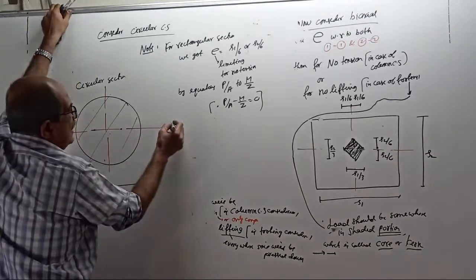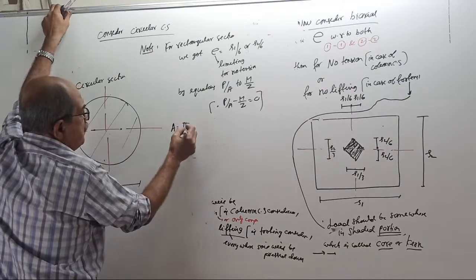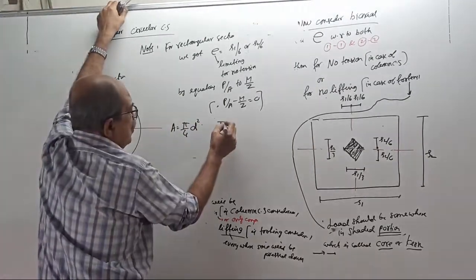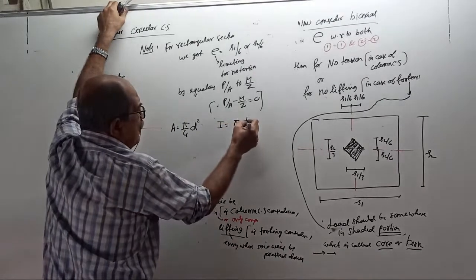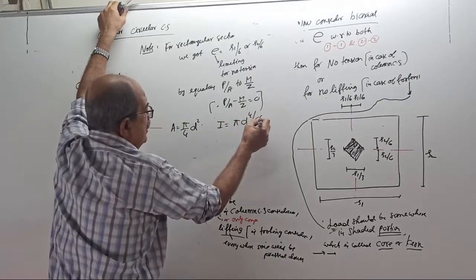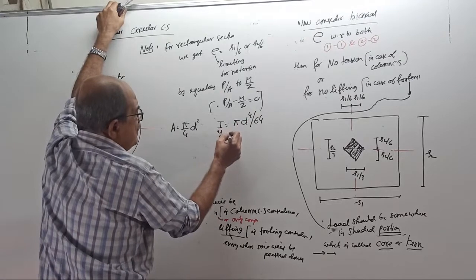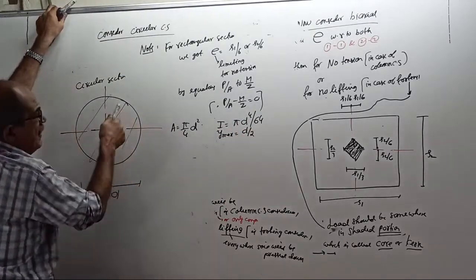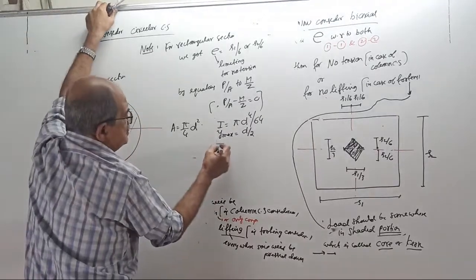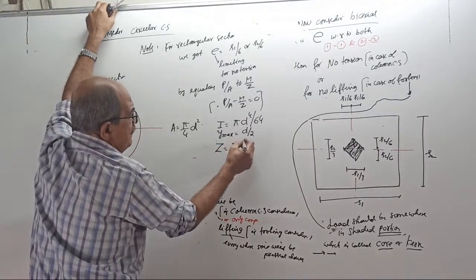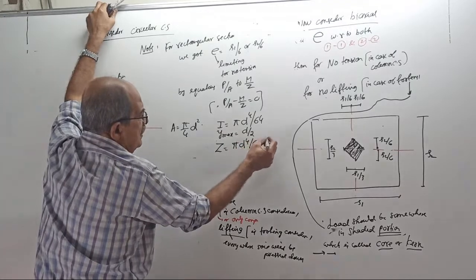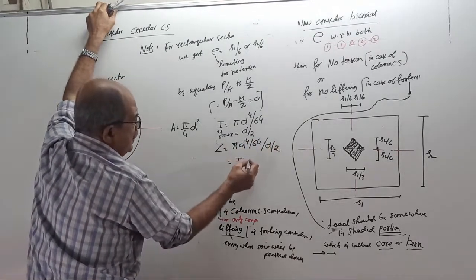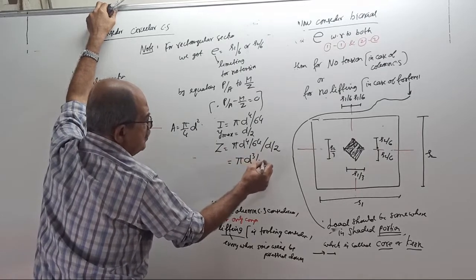Then your area equals pi by 4 of diameter square. Then I equals pi d power 4 by 64. And y maximum equals d by 2, from any axis to the extreme fiber. So z equals pi d power 4 by 64 divided by d by 2, or z for circular section is pi d cube by 32.